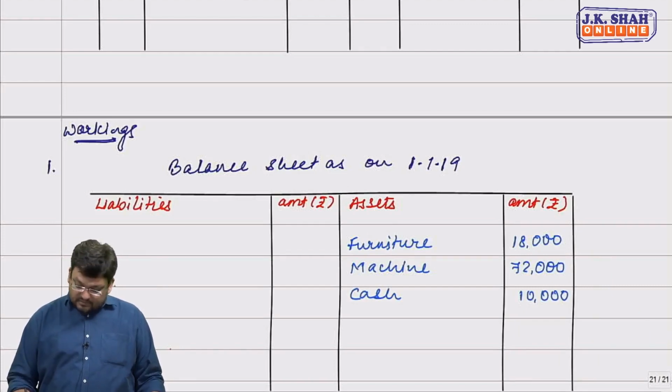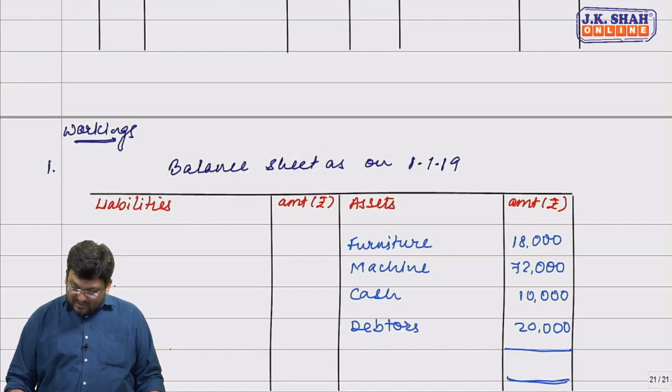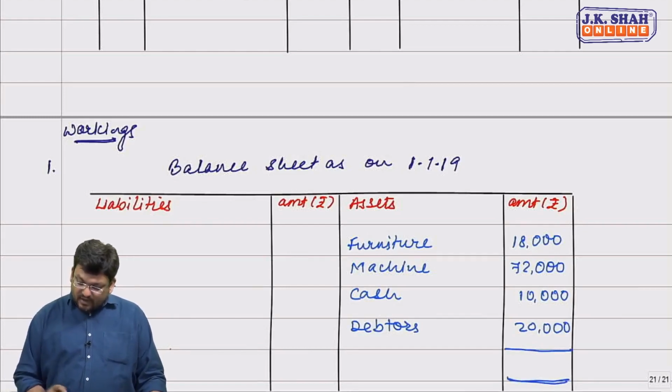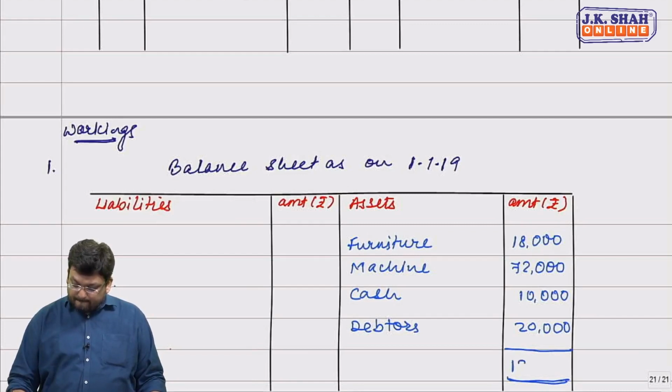Debtors are 20,000. So can we say total assets of the firm are 1,20,000? Total assets of the firm are 1,20,000. Therefore, total liabilities also should be 1,20,000.